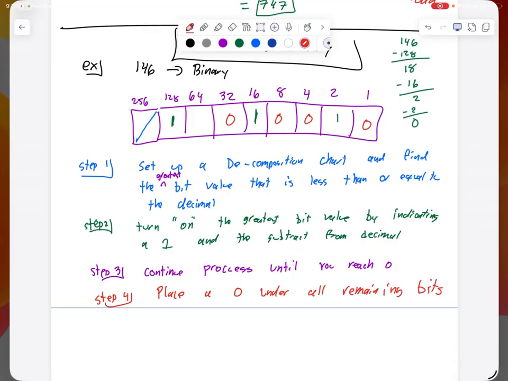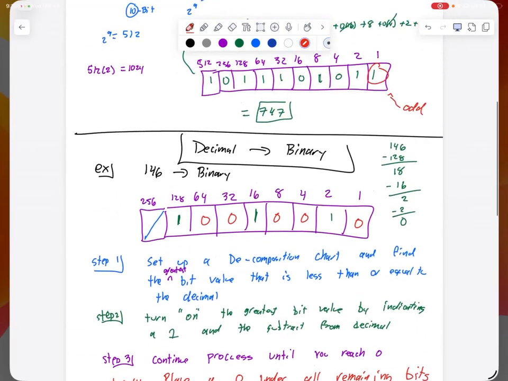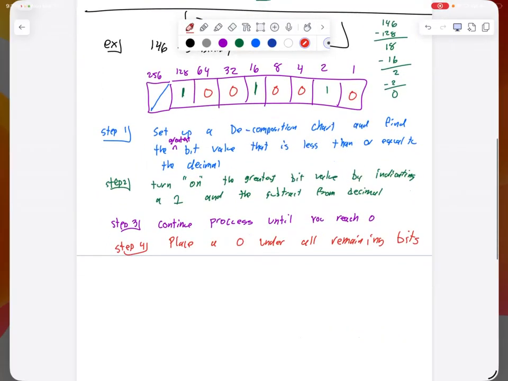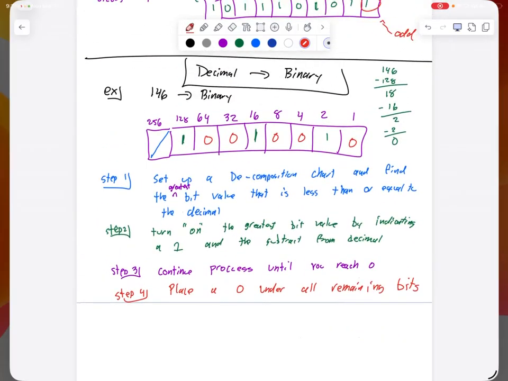Oh, and another 0. Good eye. So my answer is 1, 0, 0, 1, 0, 0, 1, 0. And that's how you turn decimal into binary.